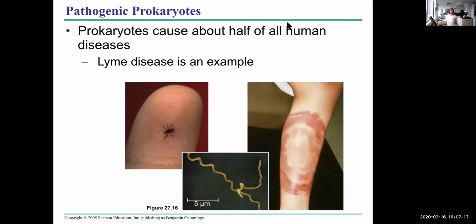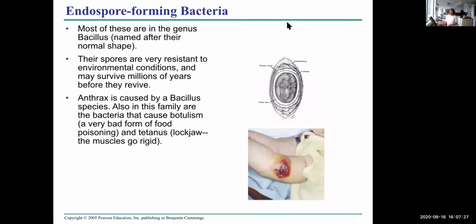So there are a lot of pathogenic prokaryotes that cause about half of all human diseases. Lyme disease is an example of that. And most of those diseases are from endospore-forming bacteria. They're mostly in the genus Bacillus, and their spores are very resistant to the environment.